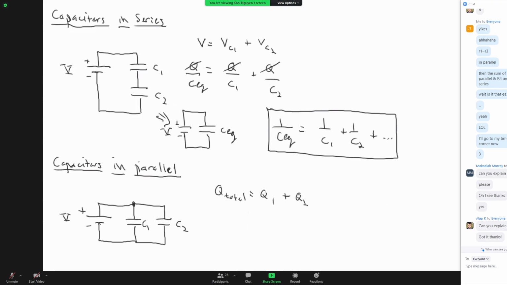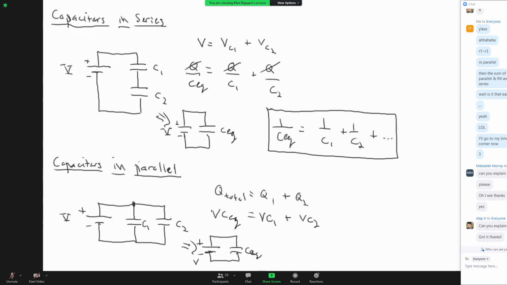And Q is equal to VC, right? So it's the voltage times capacitance 1 plus the voltage times capacitance 2. And we know things in parallel have the same voltage, so we can simply write it as the same V. Now, if we make this circuit into a one battery, one capacitor circuit, or what we call the equivalent circuit, there's your battery, there's your capacitance. We can write that as battery times the equivalent capacitance is equal to the total charge going across both of these capacitances.